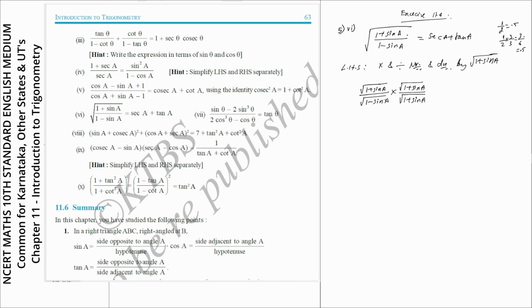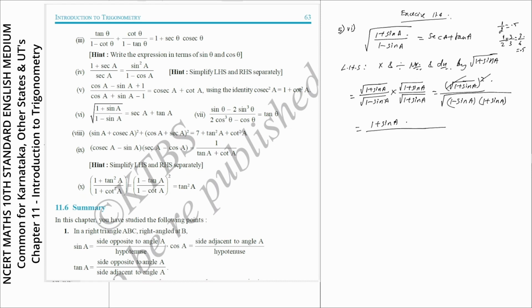When I do that, in the numerator I get square root of 1 plus sin a, the whole square, divided by, in the denominator, square root of 1 minus sin a into 1 plus sin a. Now this square root symbol and the power of 2 will get cancelled. In the numerator I will be left with 1 plus sin a only.